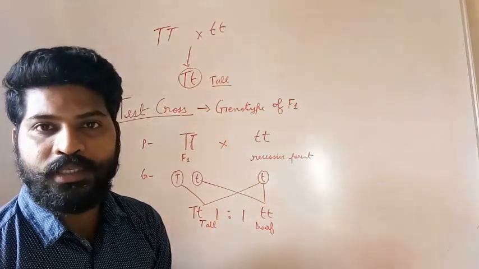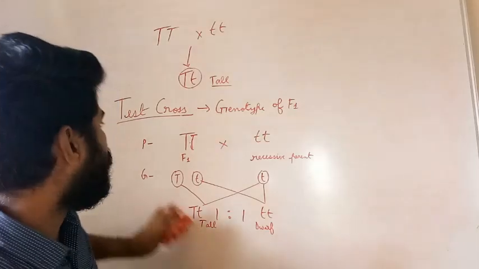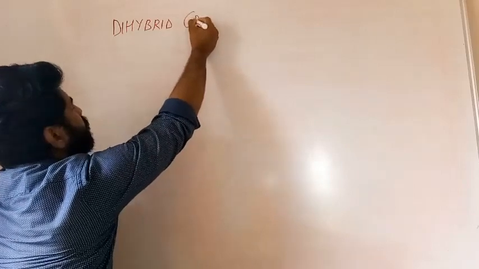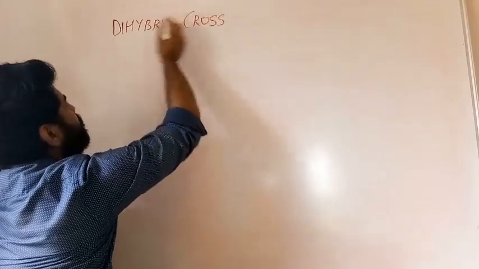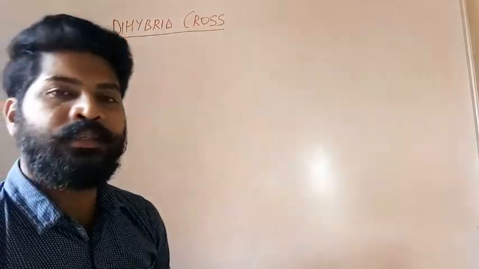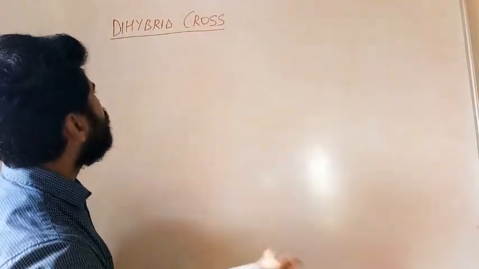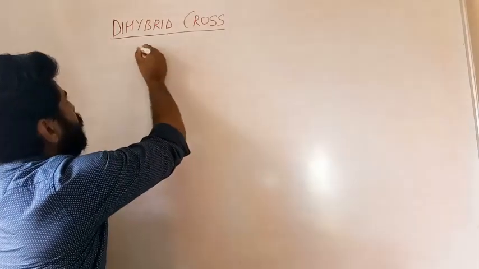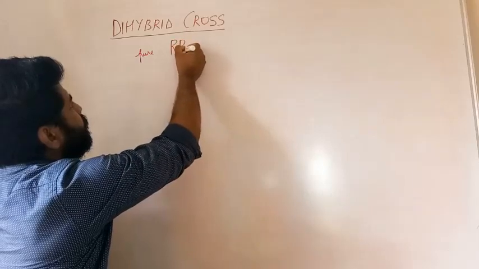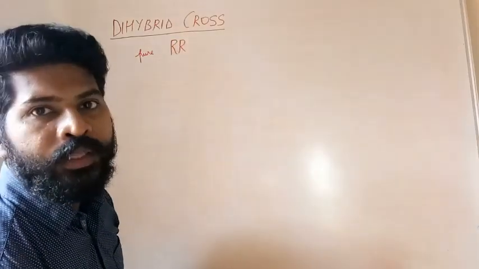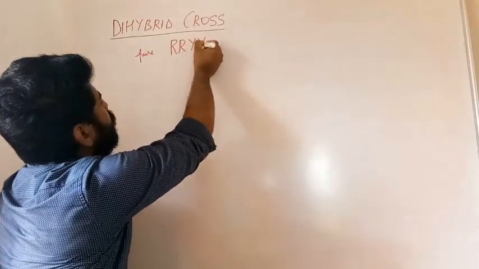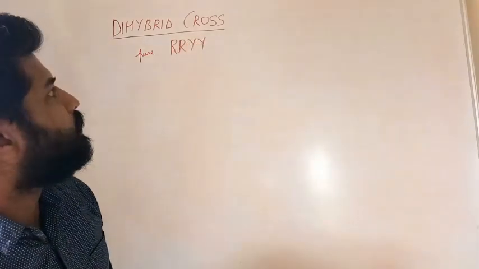The next type of cross is the dihybrid cross. This is a cross that contains two pairs of contrasting characters, wherein Mendel has chosen a pure round plant with yellow seeds.